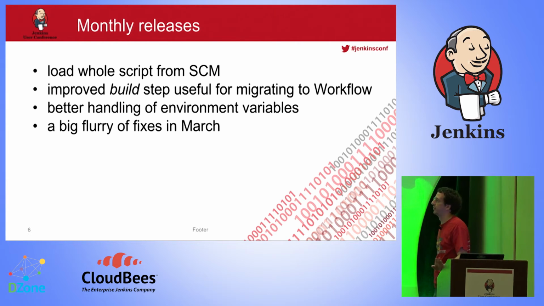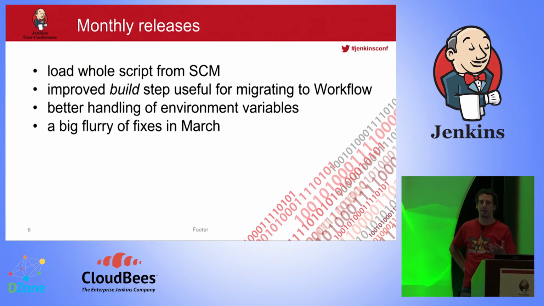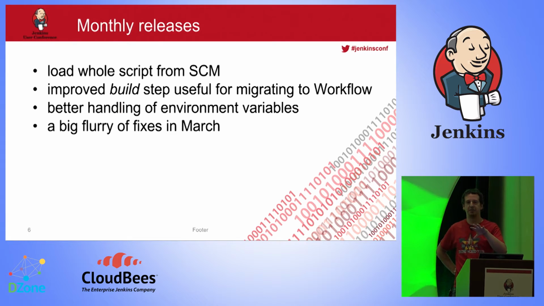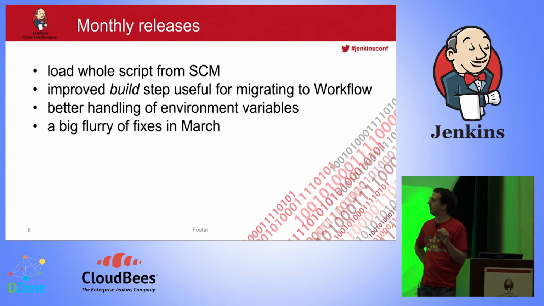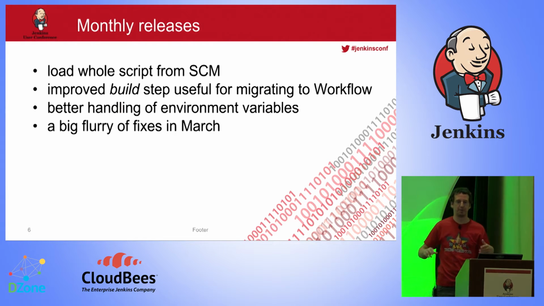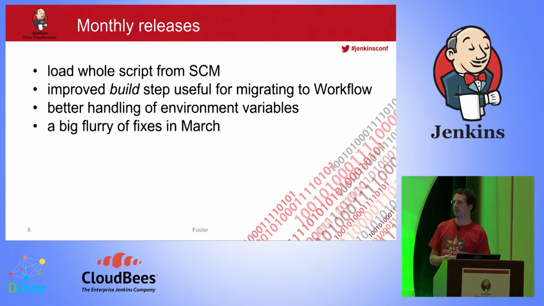One thing that wasn't so obvious at the start was that a lot of people migrating to workflow from other job types still wanted to keep some of their builds in traditional Jenkins jobs. And there's a build step that lets you launch other Jenkins jobs, so-called freestyle traditional GUI configuration jobs. But it turned out a lot of people were using this and really relying on that pretty heavily. And so we needed to add some additional features to that to make it possible to orchestrate different jobs that way.